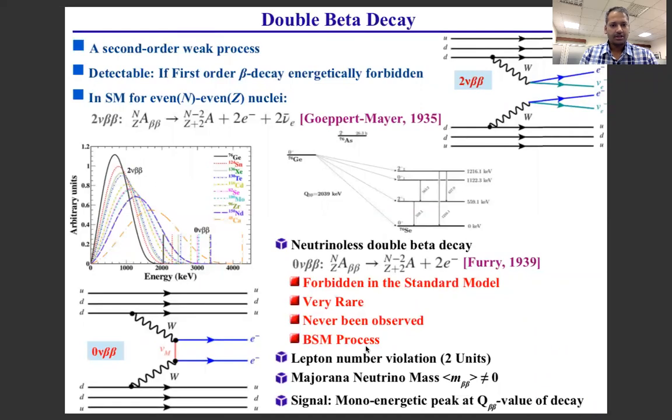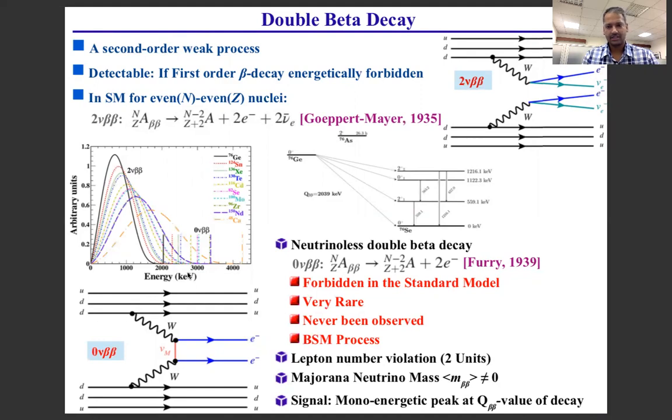It can be observed in a number of isotopes, around 30 isotopes. Of them, some are experimentally feasible, and the decay spectrum is shown for almost 10.